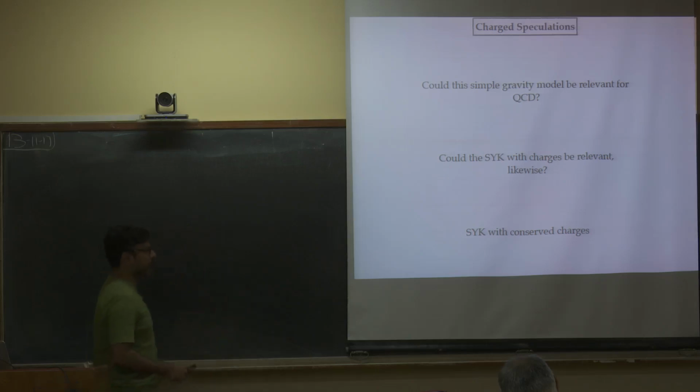That's the essence of it. However, in this construction, there was a charge to begin with in the story. So it becomes somewhat natural to consider an SYK-type model with a charge. That's one way to prejudicially motivate your model.